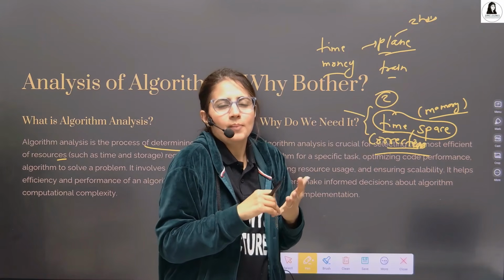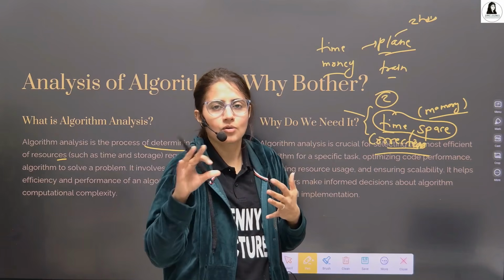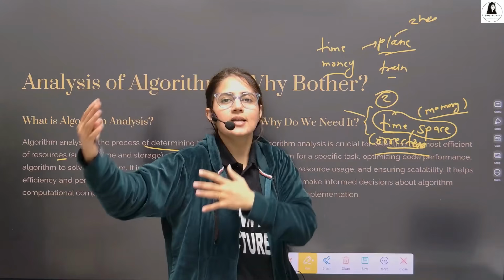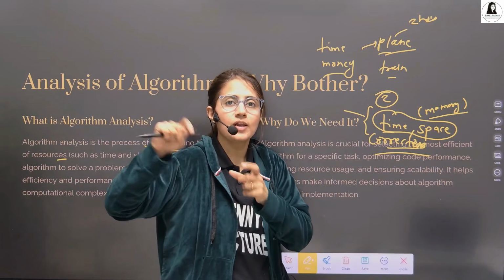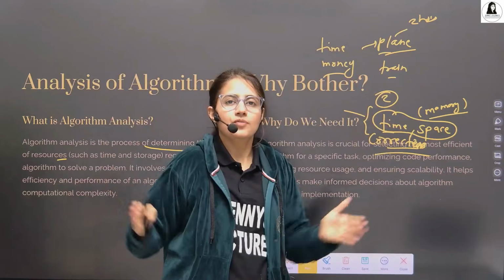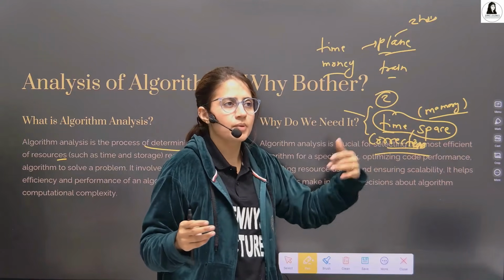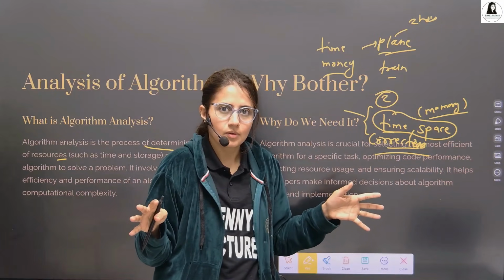We can say complexity analysis helps us analyze an algorithm, or it's a subset of analysis of algorithm, because analysis of algorithm contains many factors: time, space, correctness, trade-off between time and space, and best, worst, average case analysis.